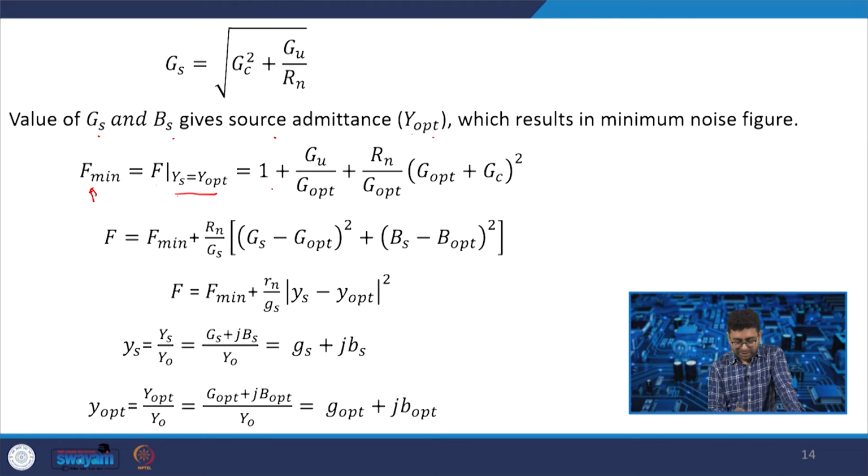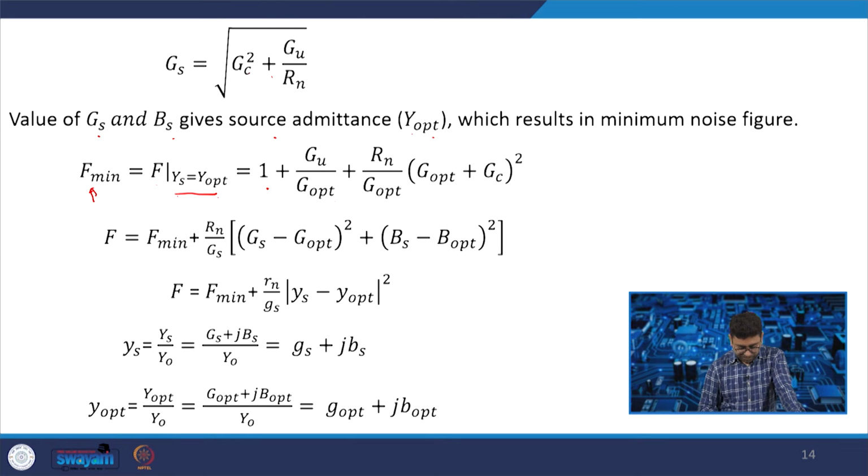The same equation can be written as 1 plus Gu by G opt, plus Rn by G opt, times G opt plus Gc whole square. How did this come? It came by considering Ys equal to Y opt, for which we considered Gs equal to the square root of Gc square plus Gu by Rn, and Bs equal to minus Bc. Then you can write your F.